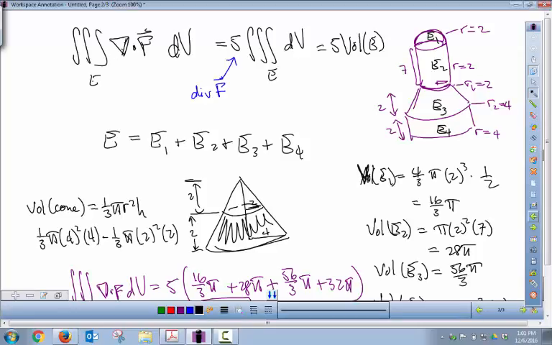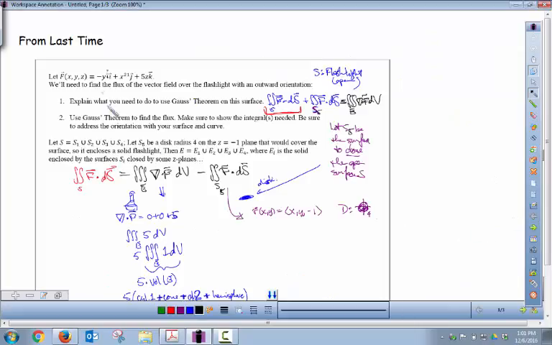So the second part would be the flux integral over this new surface. Was it S5 or something? I think we called it S5. I have to remind myself of what the thing was. I got it here.